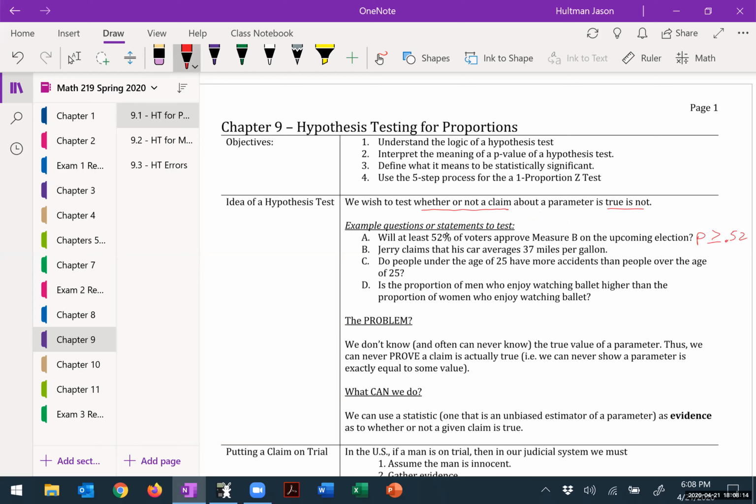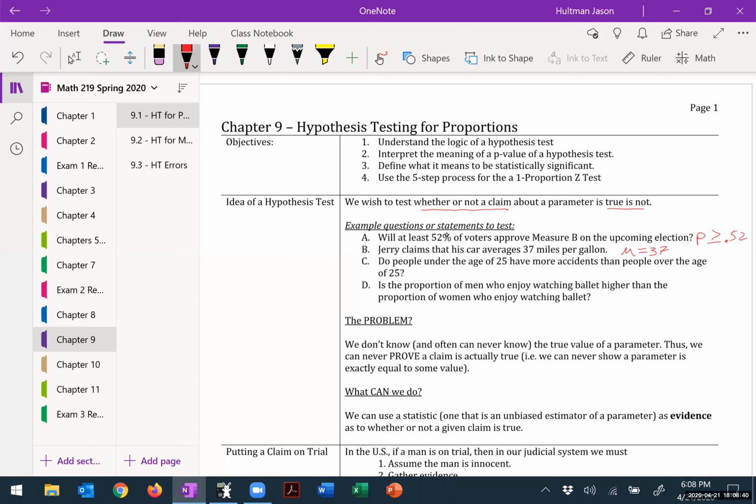Part B, Jerry claims that his car averages 37 miles per hour. That's an average, not a proportion, so mu is equal to 37. That's the claim there. And we're going to ask, do our statistics line up with our claim? We're going to do proportions today and means on Thursday.